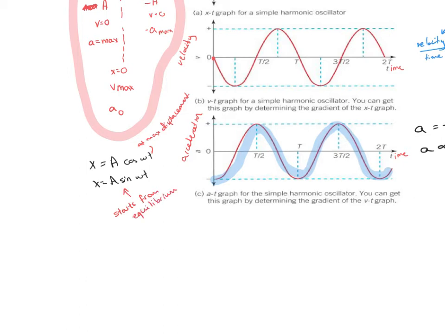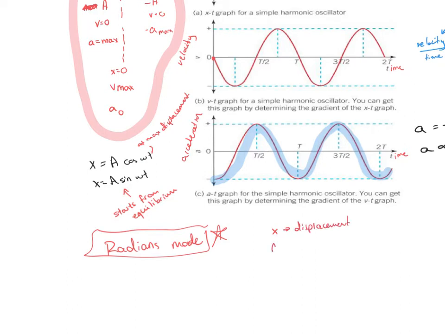Also, your calculators need to be in radians mode before you do any of these calculations. So that's important. To also define some of the symbols, x is for the displacement from equilibrium position. A is the amplitude, both in meters.